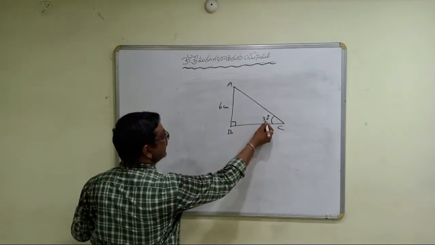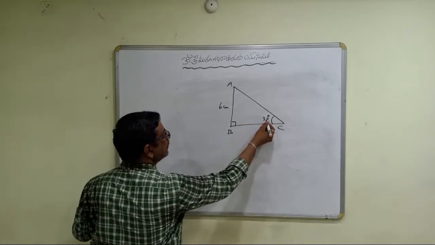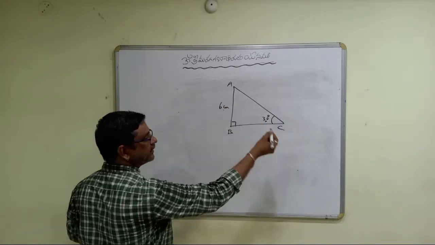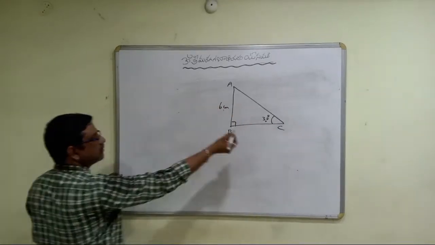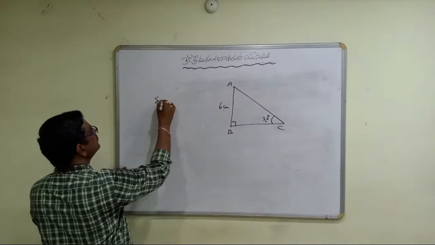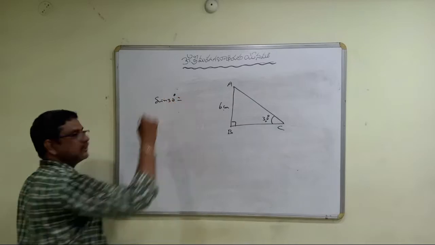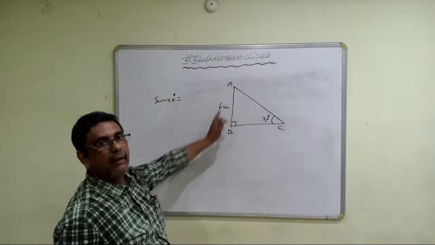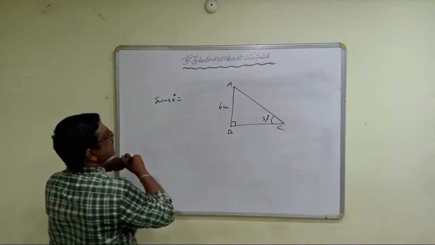30 degrees is given. This angle is 30 and its opposite side is given as 6. So side opposite to 30 by hypotenuse, what is that?